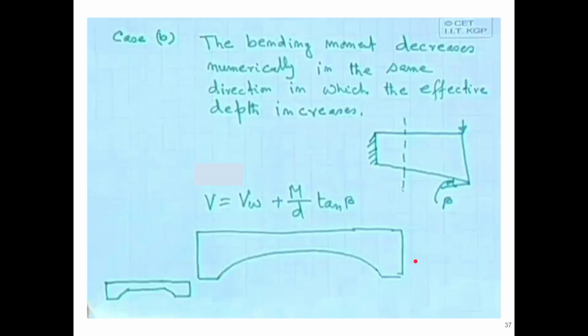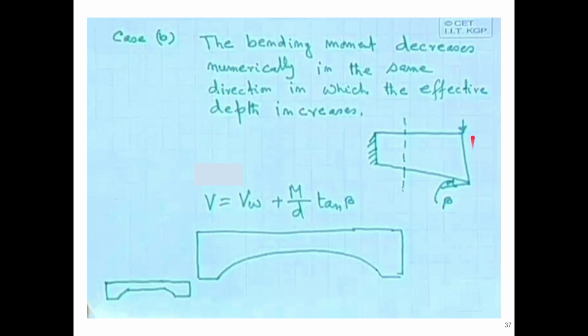However, in the opposite case, the bending moment decreases in one direction but the effective depth increases in that direction.